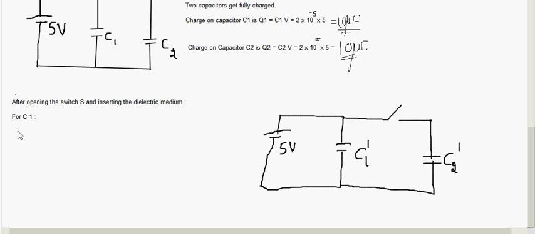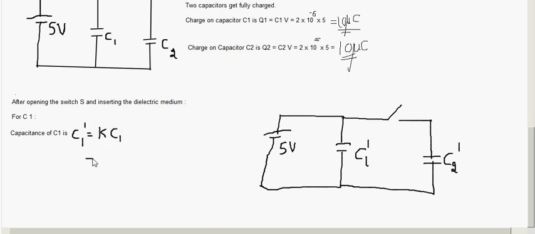For C1, it is connected to the battery, so the capacitance of C1 dash is equal to K into C1.